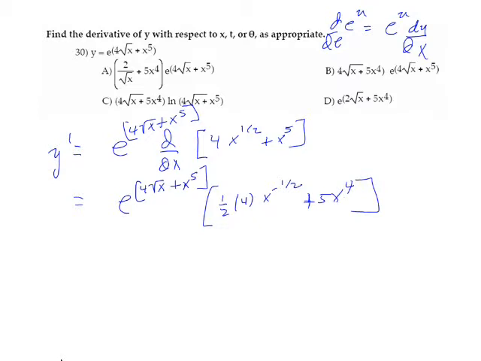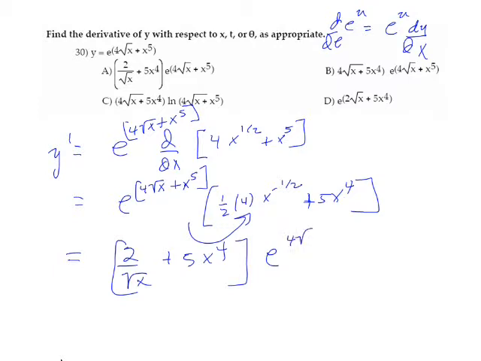Simplifying this, we get 2 over the square root of x, which is this term, plus 5x to the 4th, all times e to the 4 square root of x plus x to the 5th, and that is answer A.